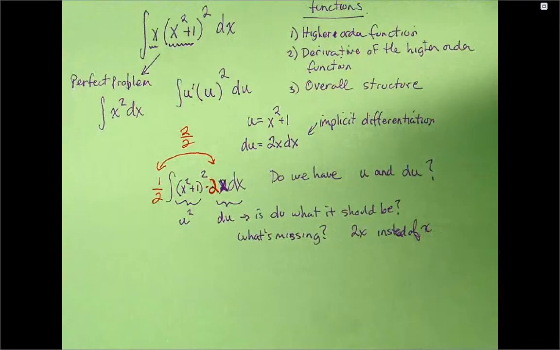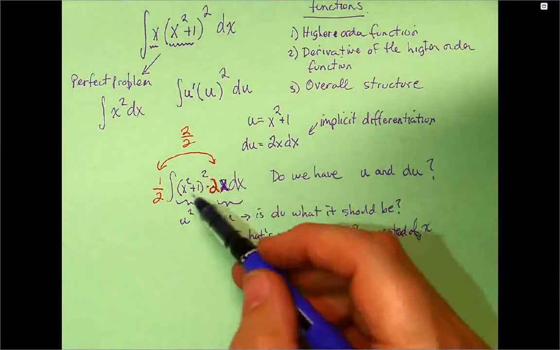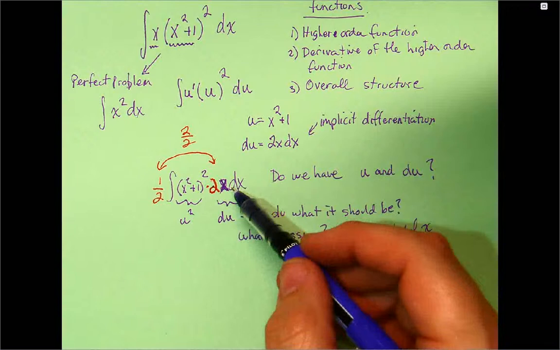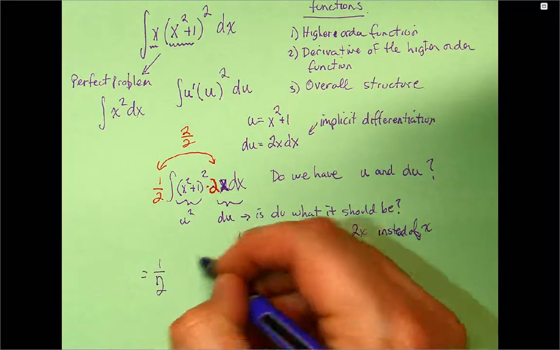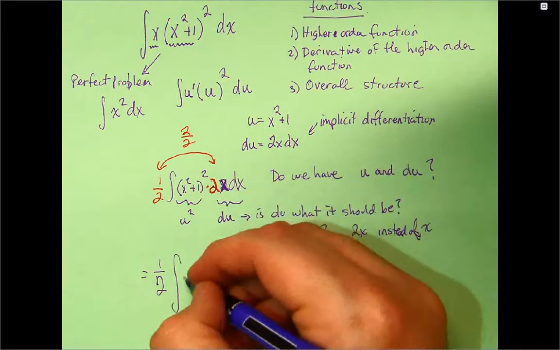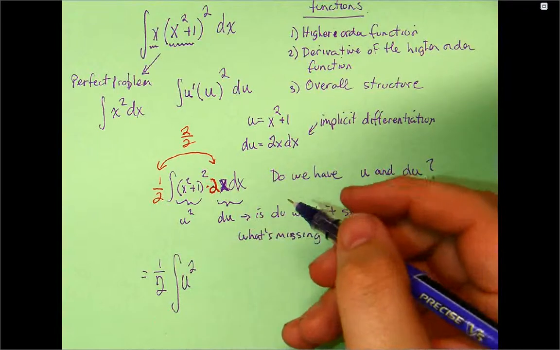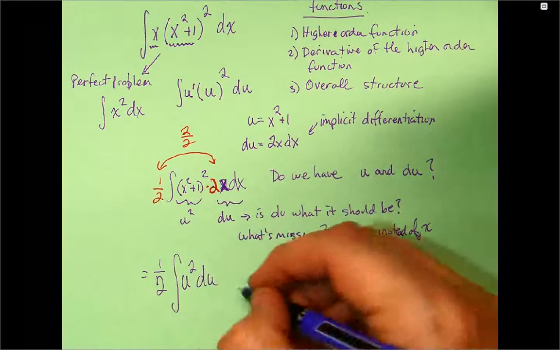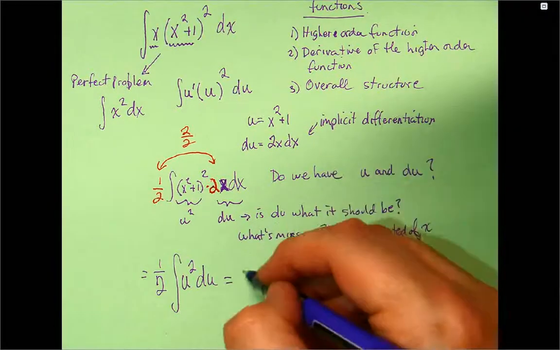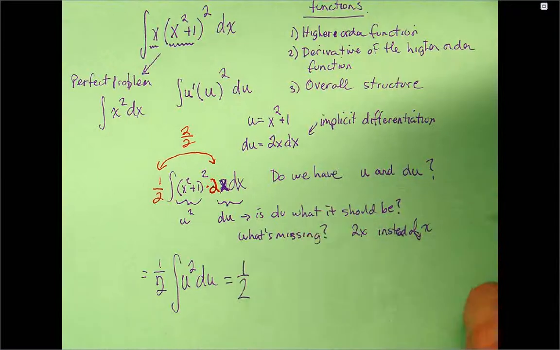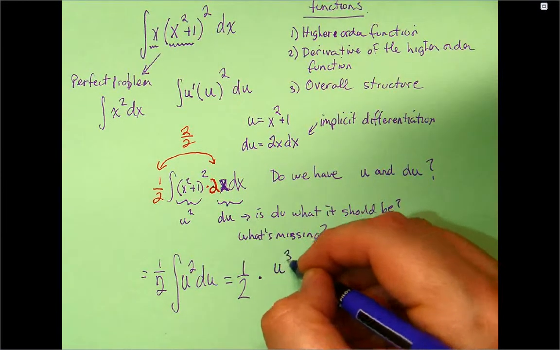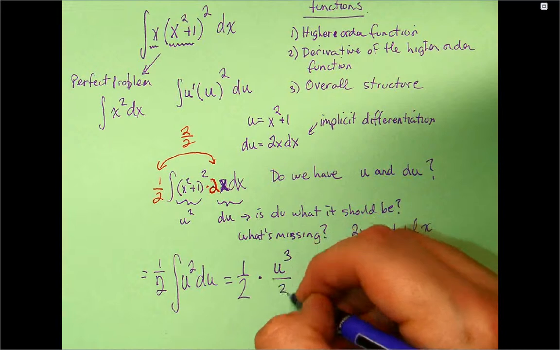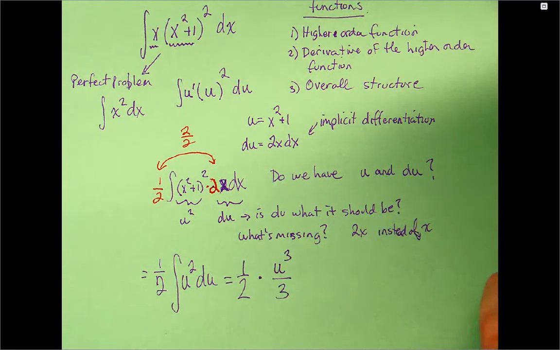So now do I have my u squared and my du? All right, so I have 1/2 times the integral of u squared du, which would be equal to 1/2 times, what's the integral of u squared? Is it just u cubed over 3, or 1/3 times u cubed?